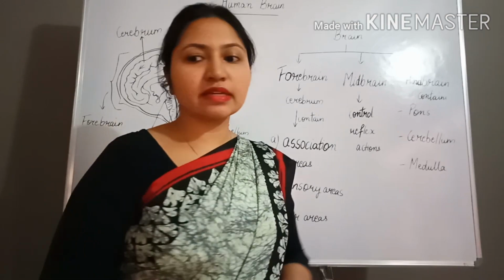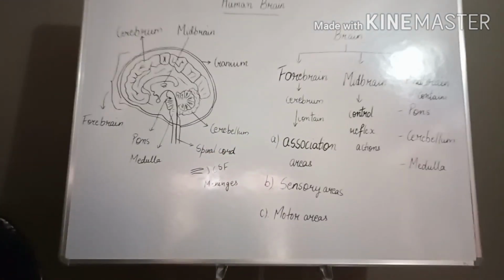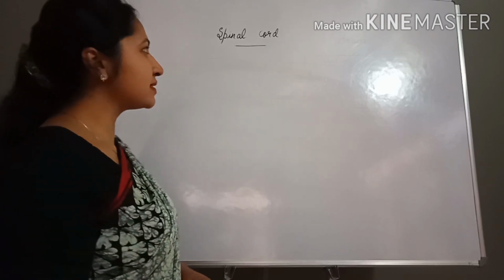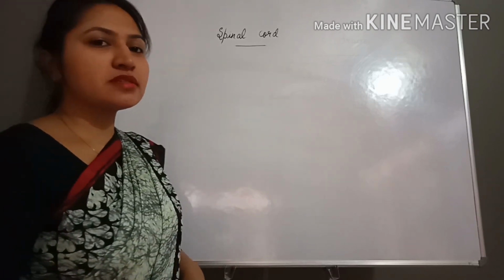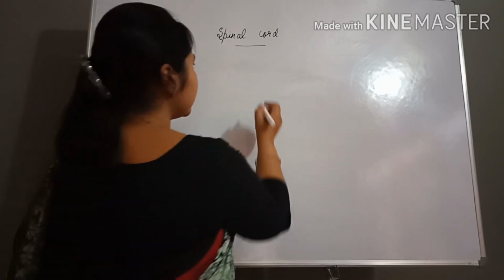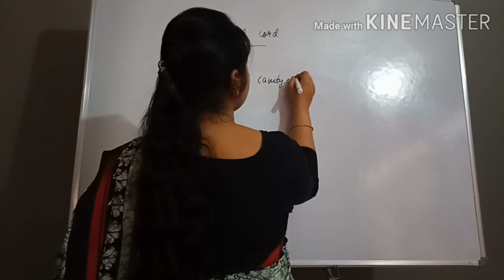Now next we will discuss the spinal cord. So students, next we will discuss the spinal cord. Where is the spinal cord present? It is present in the cavity of the vertebral column.